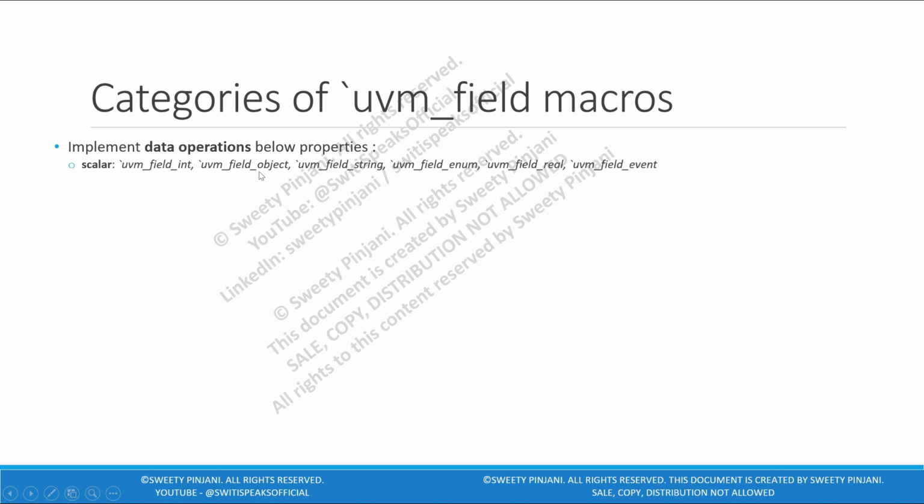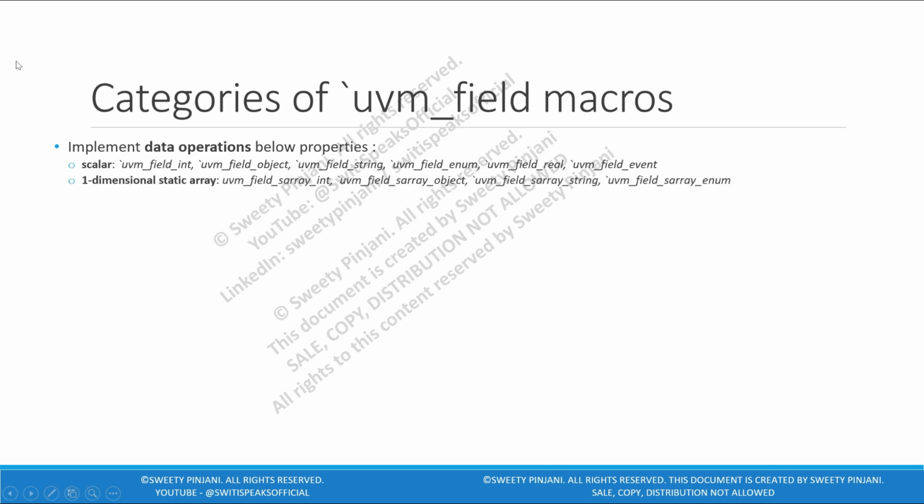Similarly, UVM field object will implement data properties for UVM object based property. Then UVM field string will implement data operation for string. UVM field enum will implement data operation for enum. UVM field real will implement data operation for real. UVM field event will implement data operation for event.